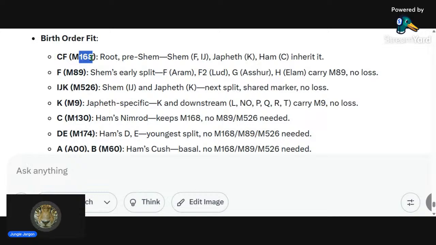So that CF is universal. In other words, it was passed down from Shem to Japheth to Ham. The F, M89, is an early Shem split. So I guess Shem, let's see, M89. I think Shem has that one.